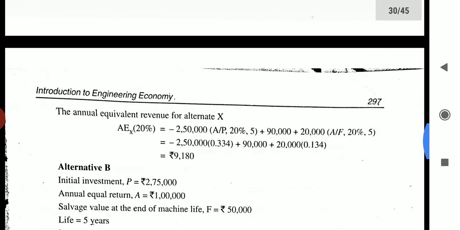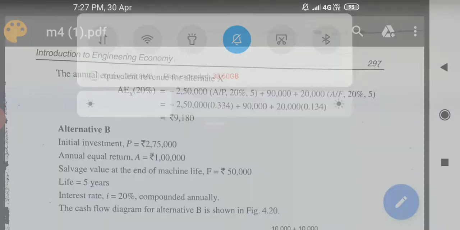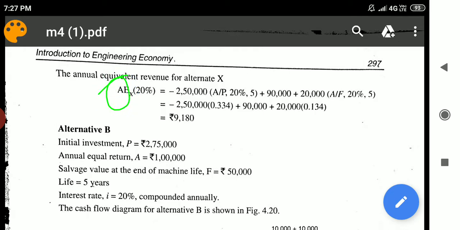So see here, using the annual equivalent formula, apply the corresponding formula, where P is 2,50,000 and F and A are given, so apply all these formulas. First check what the A by P formula is and what the A by F formula is.